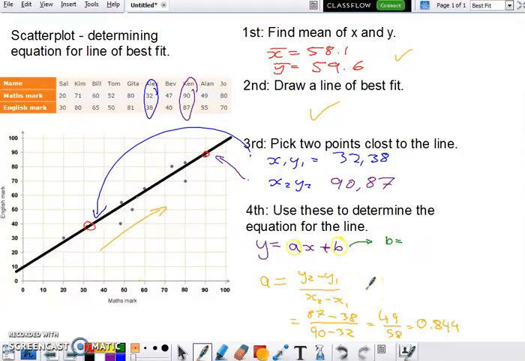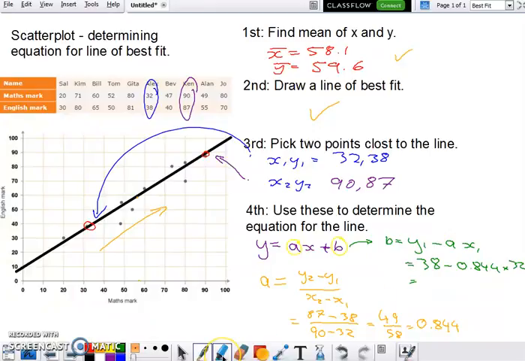B is equal to y1 take A times x1. And so what you do is you go y1 was 38, take A, which we just worked out, 0.844, times x1, which is 32.